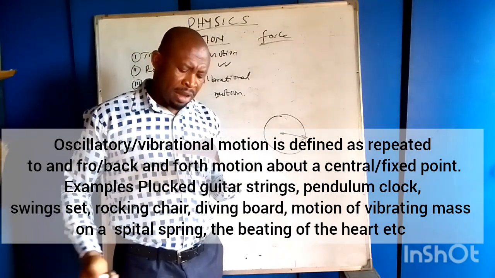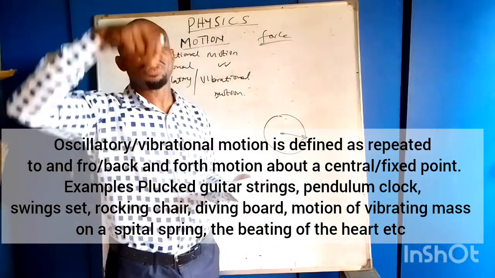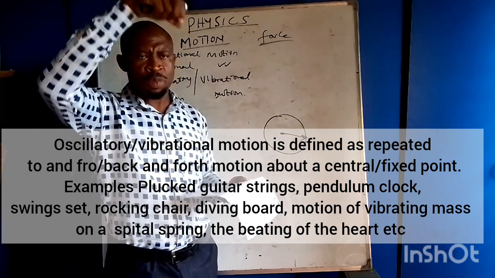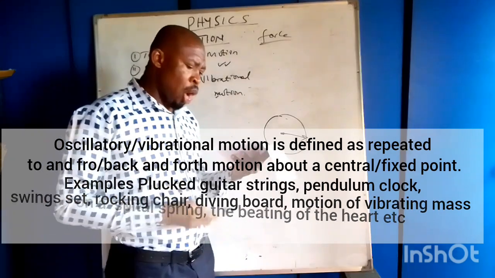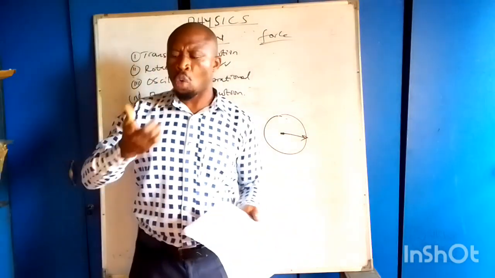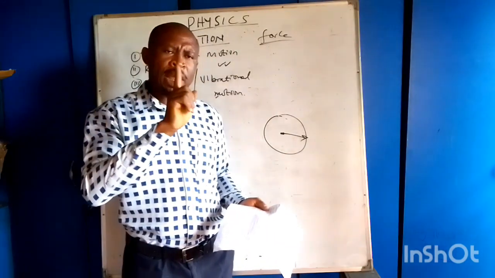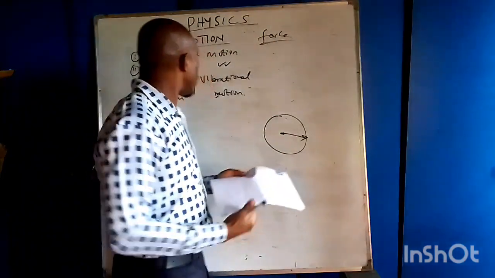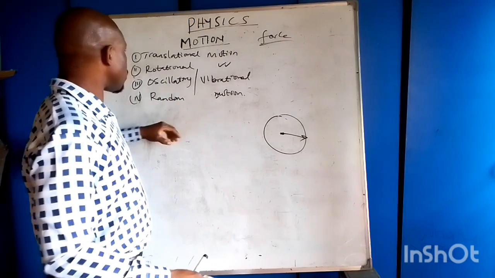We have the motion of a vibrating mass on a spiral spring. If you load a spiral spring, it will be oscillating up and down. Vibration of the prongs of a tuning fork: once you strike the tuning fork, the prongs keep vibrating to and fro. So these are some of the examples of vibratory motion.